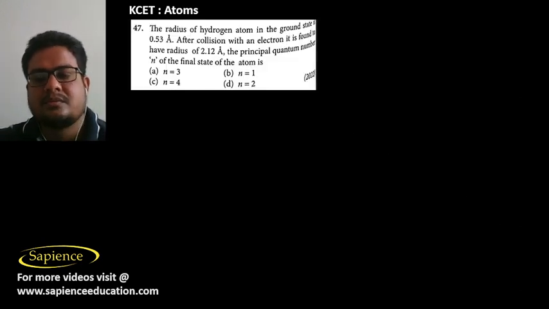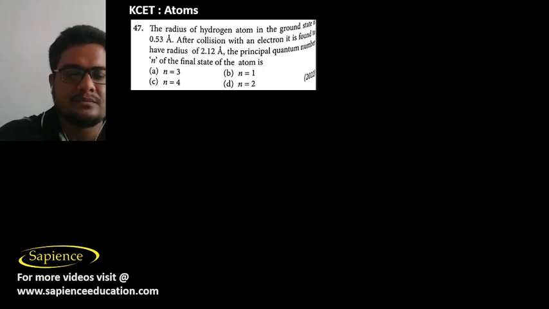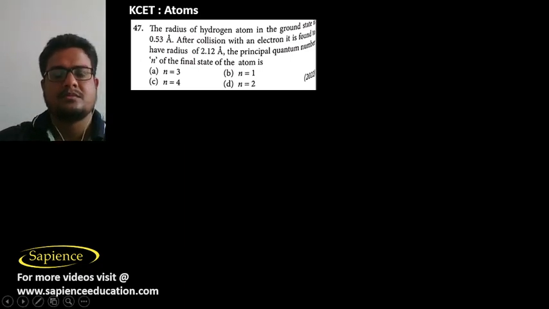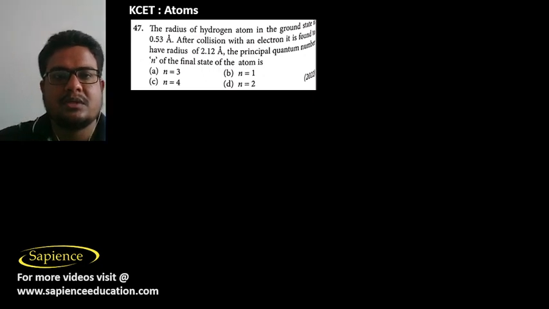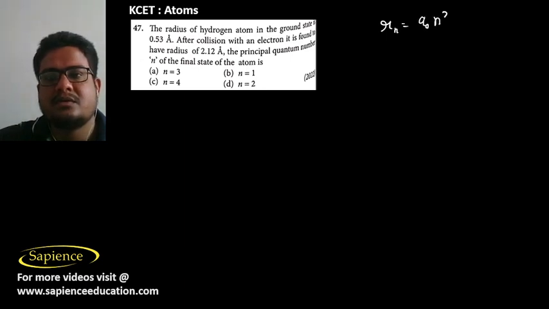Then we shall solve the last question. So in question number 47, it is told the radius of the hydrogen atom in the ground state. The radius of the nth orbit is given as a0 n square by z.